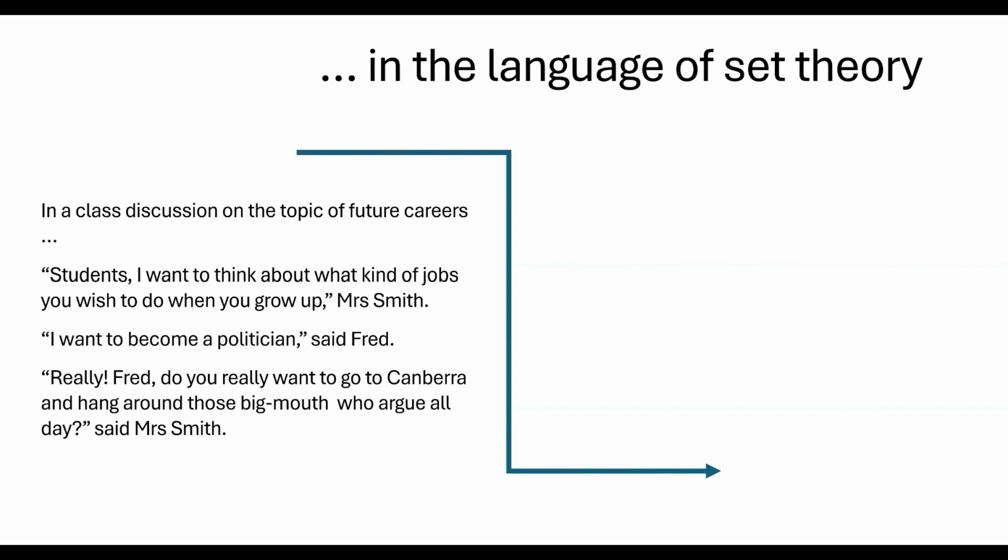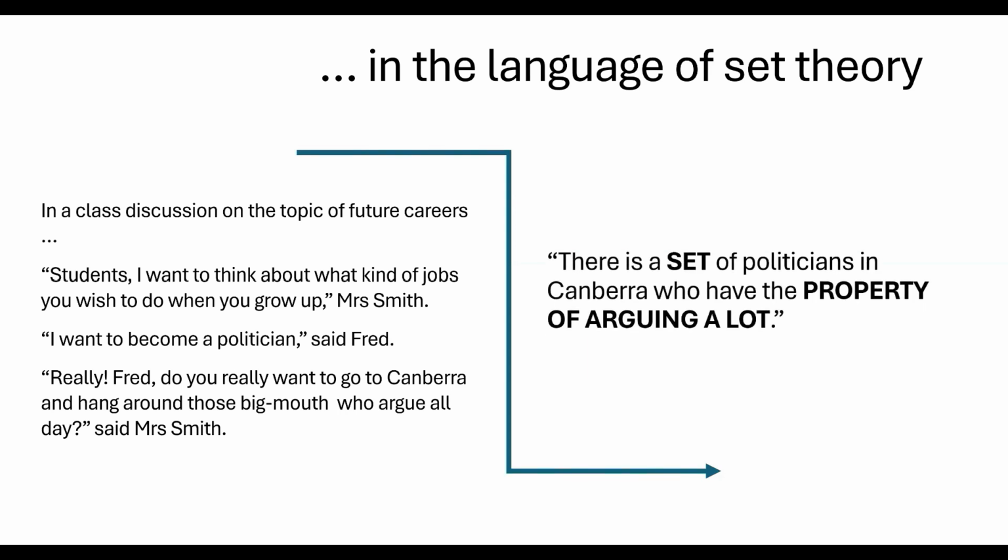Do you really want to go to Canberra and hang around those big mouths who argue all day?" So there is an idea of a set somewhere here, right? There is a set of politicians in Canberra who have the property of arguing a lot.